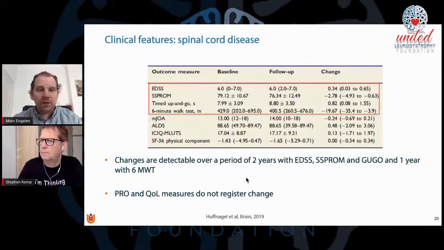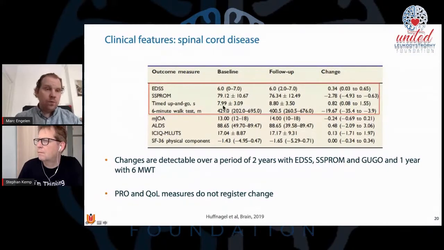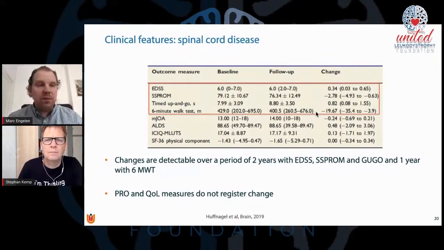And we saw that although you can, with this technique, measure the disease progression, changes are very small. As you can see in this table, the change for the entire group, so that includes people who progress slowly and people who progress rapidly, everybody put together, on average, the group decreases 20 meters a year on a total distance of more than 400 meters. So that's a tiny difference.